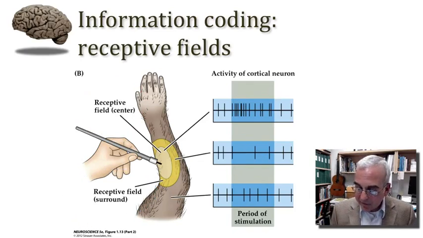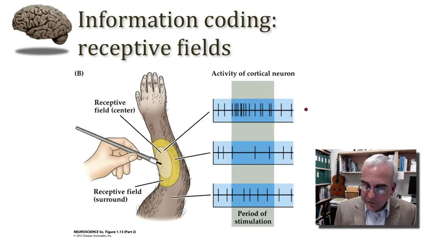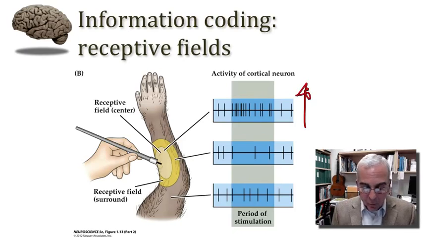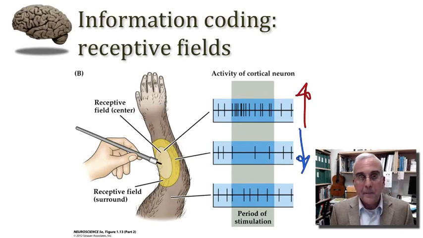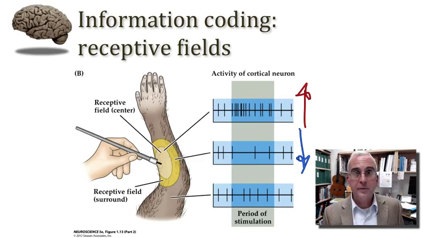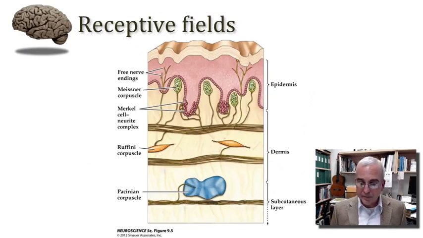So notice how activation of the center leads to an increase in firing, whereas activation of the surround leads to a decrease in firing. We'll see the very same pattern of activation in the retina, in the visual parts of the thalamus, and in the early parts of the primary visual cortex when we consider the physiology of the visual system. Allow me to make a few additional points about receptive fields before we conclude this tutorial.